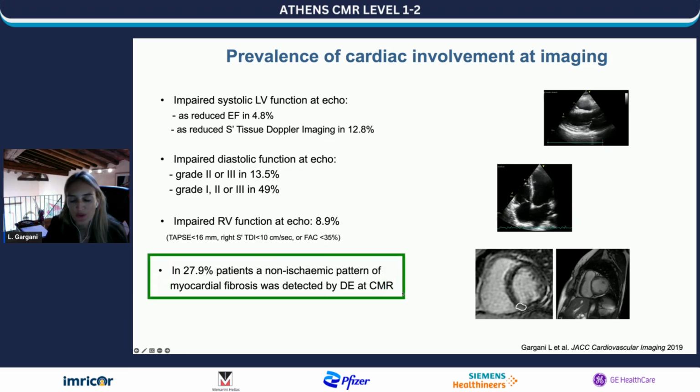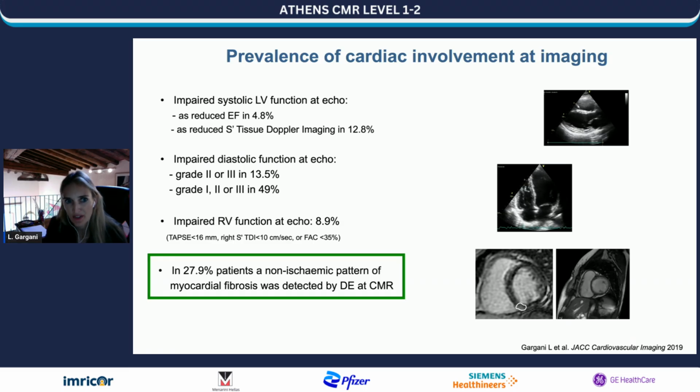But if we do, again, a CMR, you would find almost 30% of patients without a known previous cardiac involvement with myocardial fibrosis detected by delayed enhancement. So again, everything relies on the kind of parameter you use to define cardiac involvement.